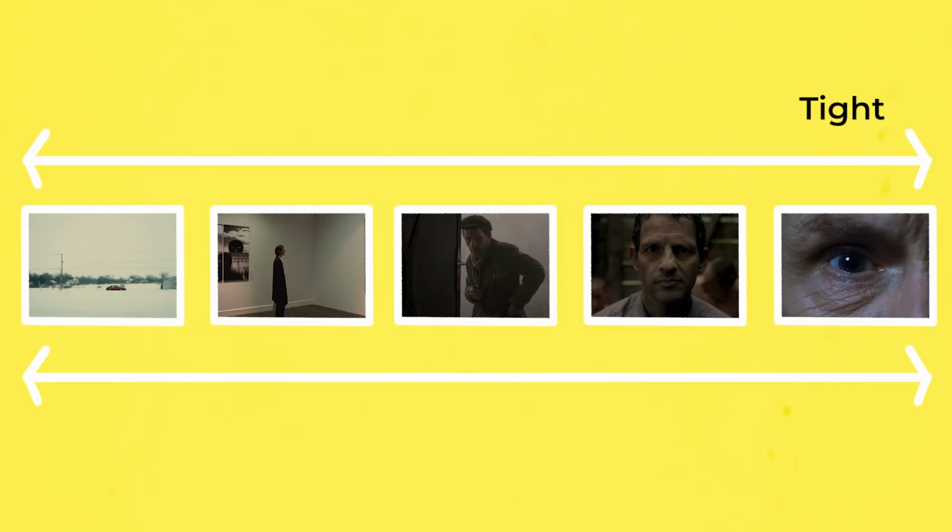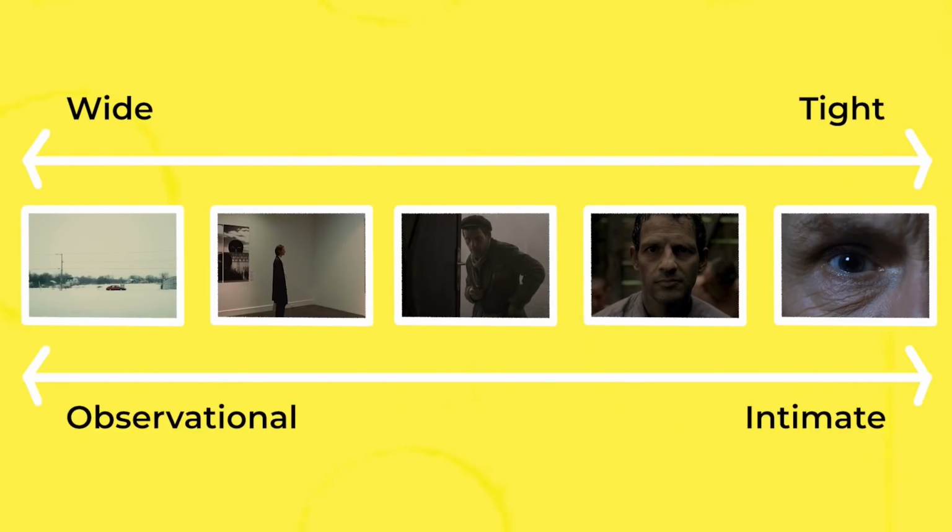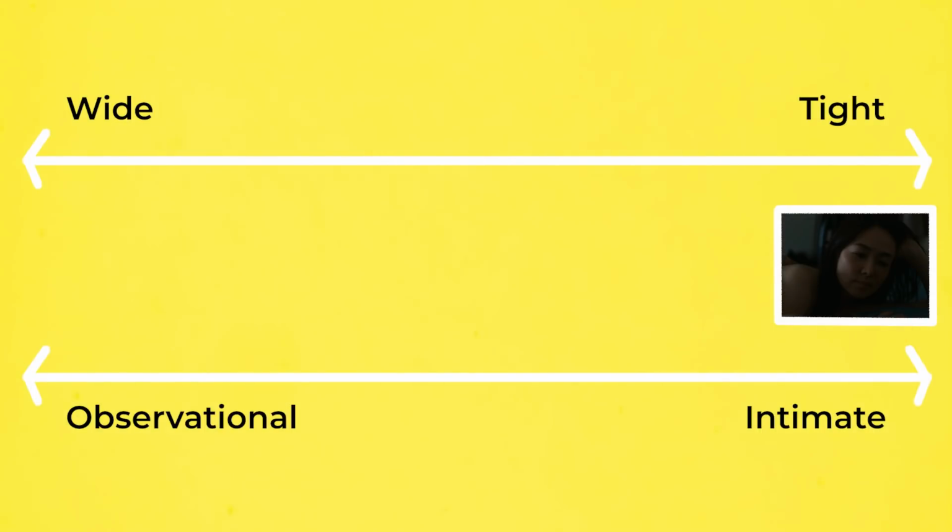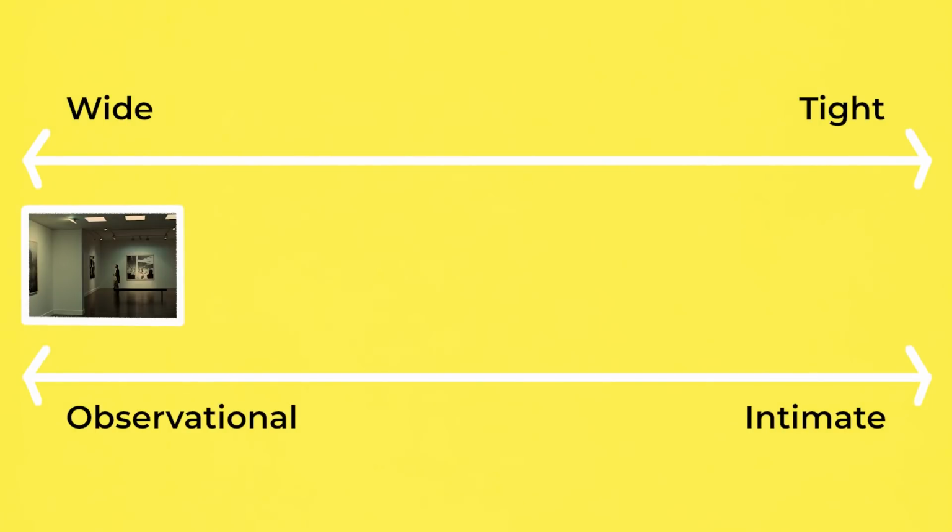The closer we are to someone, the more intimate our connection to them is, and the further apart we are, the more observational and emotionally distant we are to them. Being face to face with a partner has a different emotional feeling than watching the actions of someone you don't know from across the room.